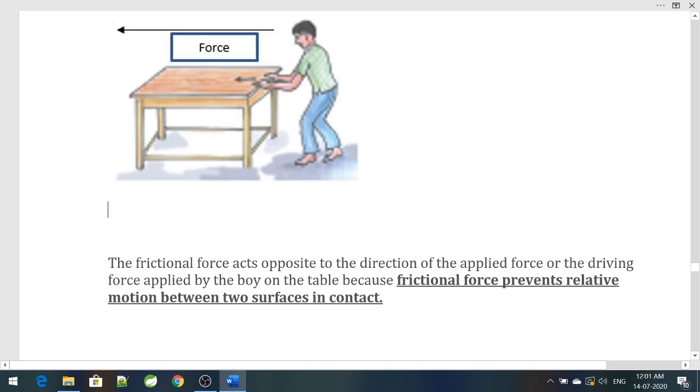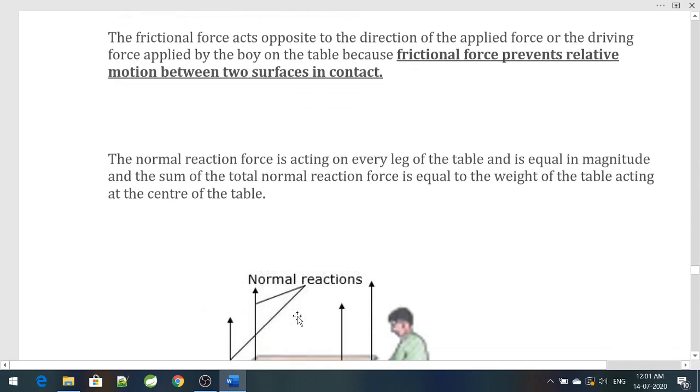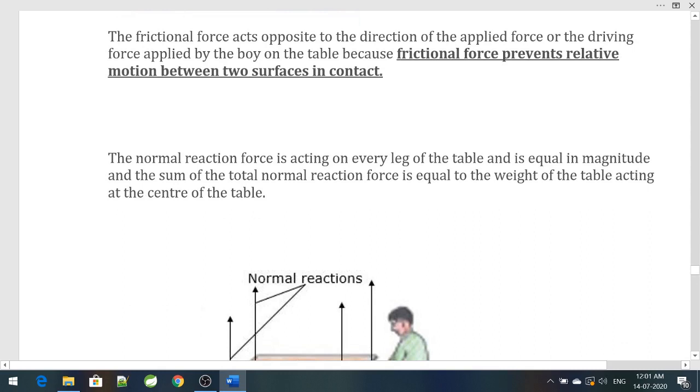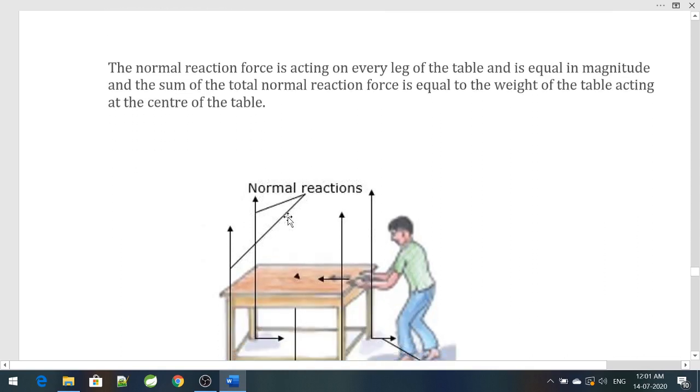Or the driving force applied by the boy on the table, because frictional force prevents relative motion between two surfaces in contact. The normal reaction force is acting on every leg of the table and is equal in magnitude, and the sum of the total normal reaction force is equal to the weight of the table acting at the center of the table.